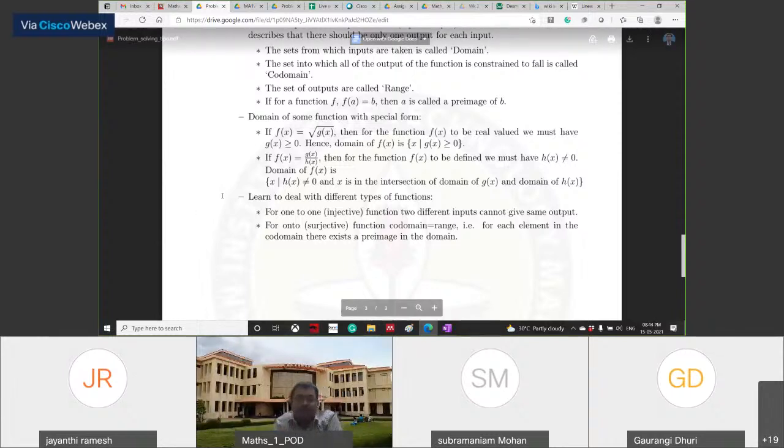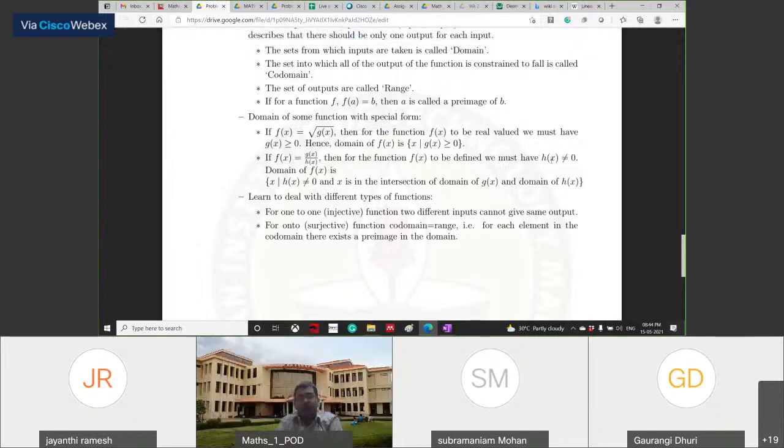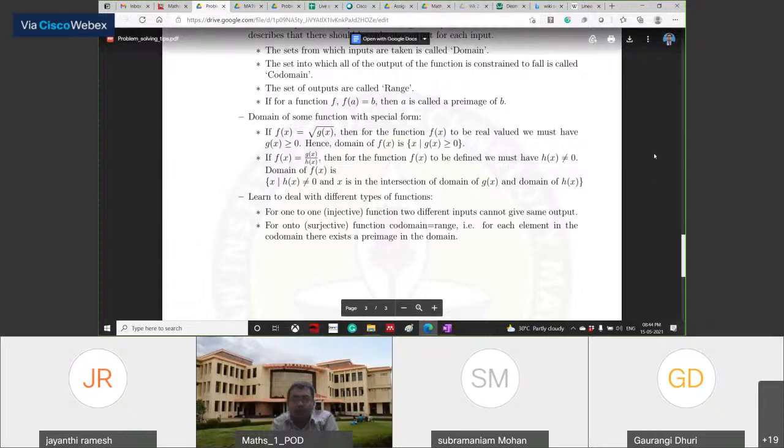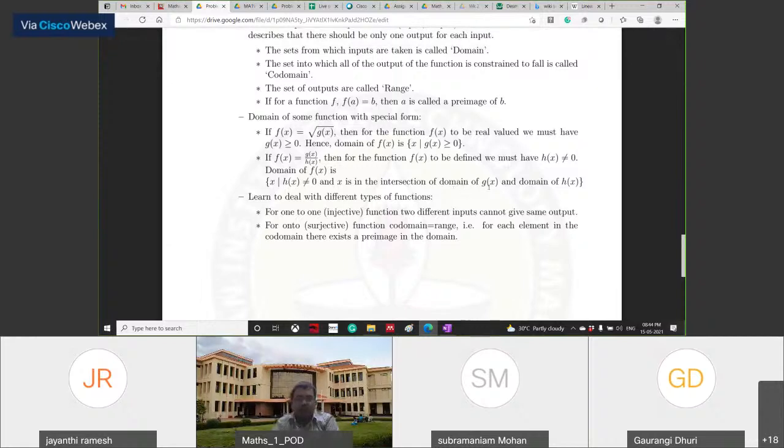Then the denominator term h of x should never be 0, because then we are dividing by 0, and in that case the expression does not give a valid solution. So the domain should be that h of x is not equal to 0, and x is in the intersection of the domains of g of x and h of x.